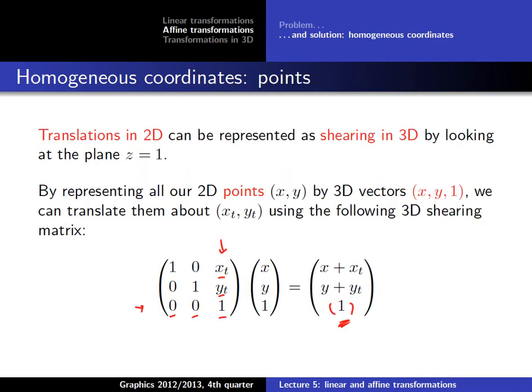Good, so we see that this is a way to do translation with matrix multiplication in 2D by moving to this third dimension.